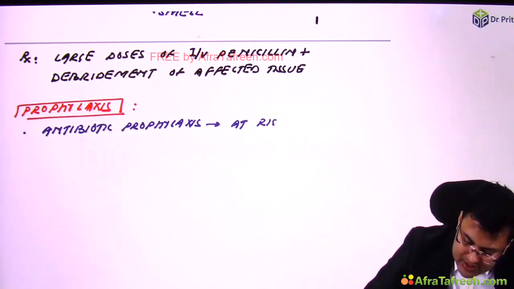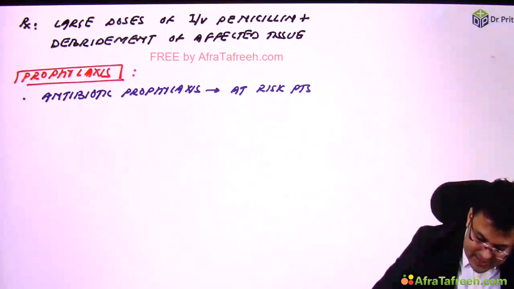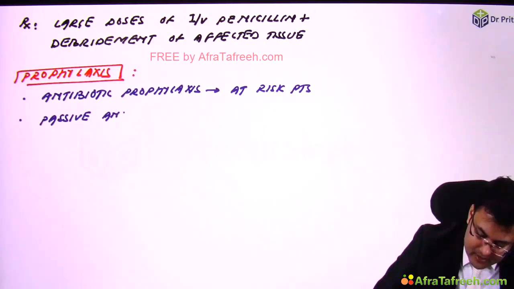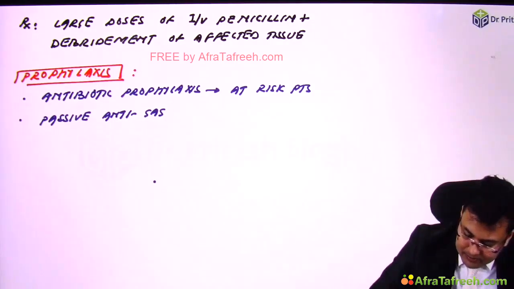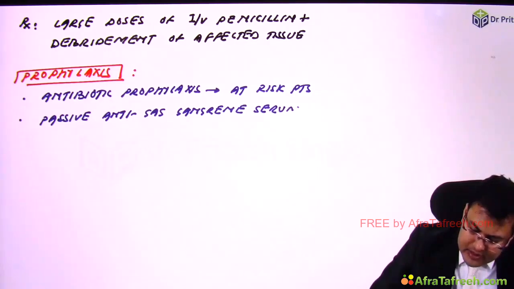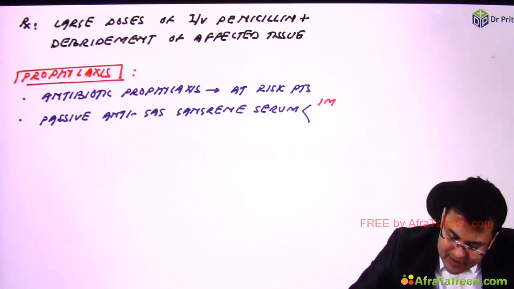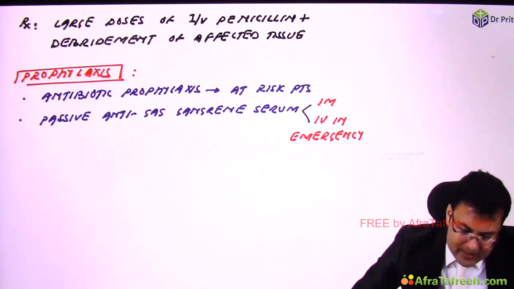Second, we have to give passive anti-gas gangrene serum. Generally this serum is given IM, intramuscular, but it can be given IV in emergency.